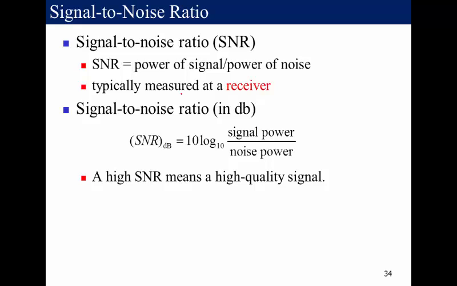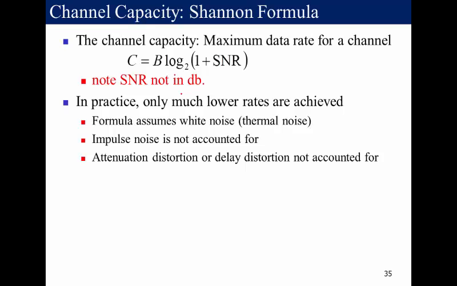But anyway, the Shannon formula gives us B, that is the frequency, times log base 2 of 1 plus SNR, signal to noise ratio.